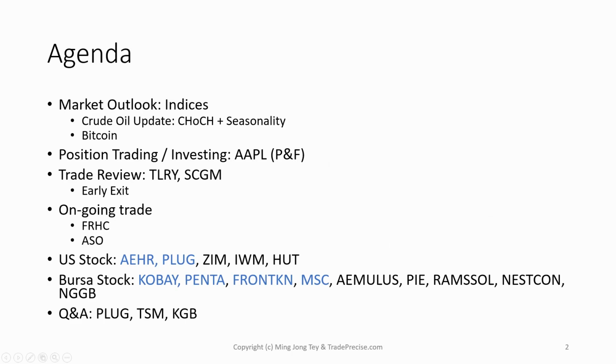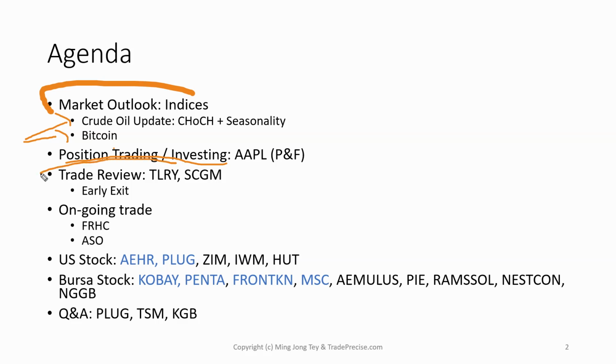So this is what we're going to cover for tonight's session. First of all, as usual, there will be the market outlook. I'll cover all the major indices, and the highlight will be on crude oil and Bitcoin as well. Subsequently, I will be introducing a candidate for position trading or investing, which is Apple.